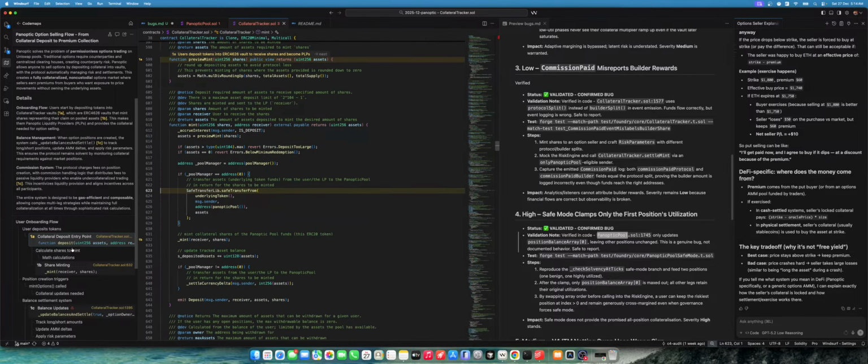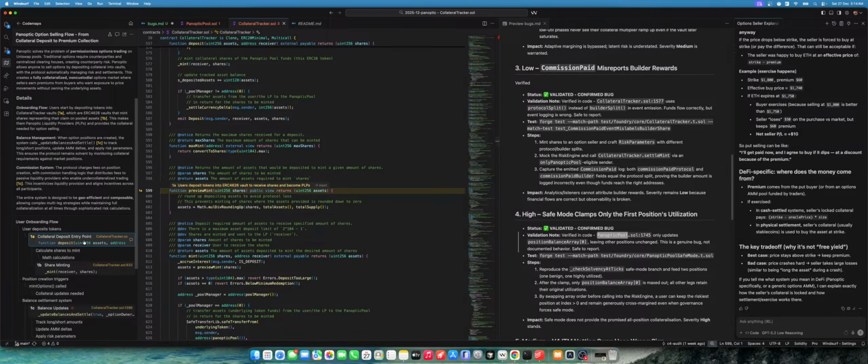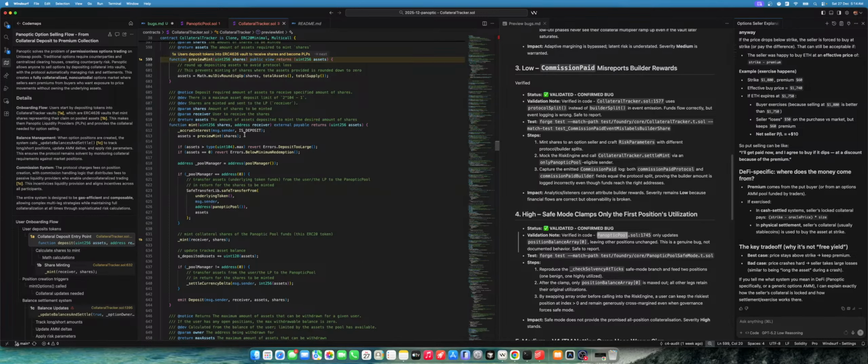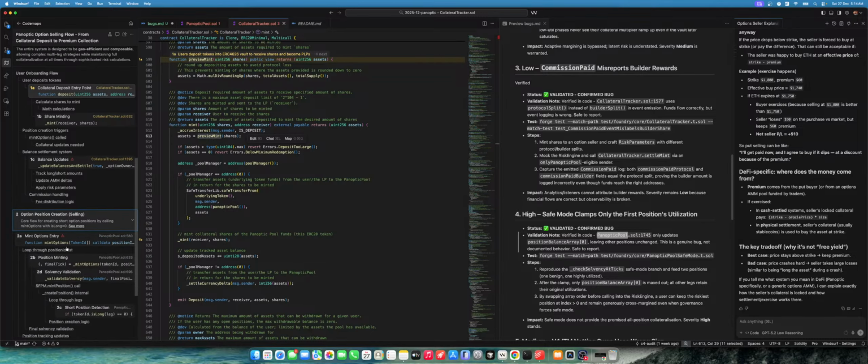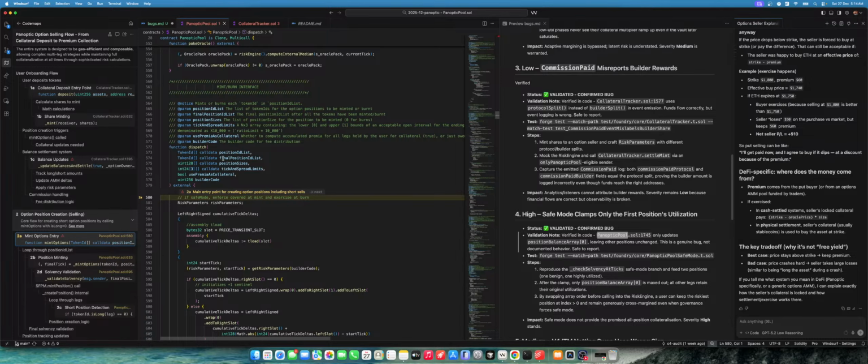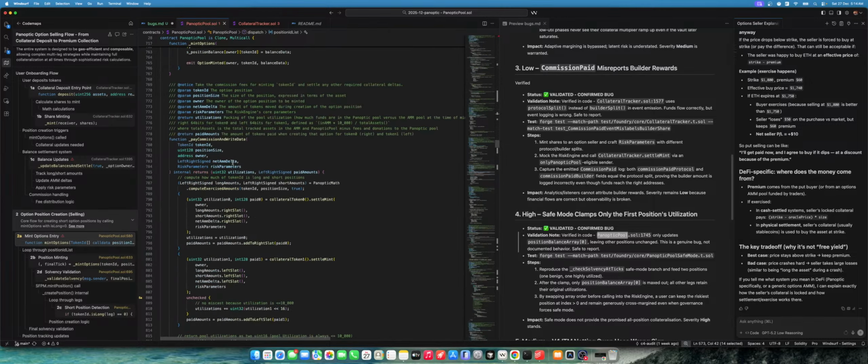It's not that I'm flexing, I am worried about payment. Okay. Deposit requirement. This is a very complex protocol.